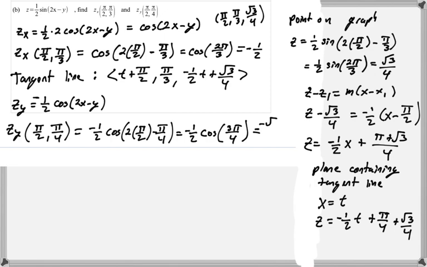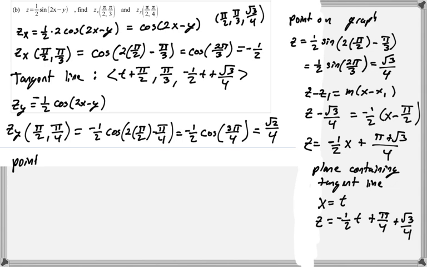Sorry, our point changed. So it's pi over 2 comma pi over 4. So we're going to have pi minus pi over 4, which will be 3 pi over 4 inside the cosine, and the cosine of 3 pi over 4 is negative root 2 over 2 times the negative 1/2 will make that a positive root 2 over 4. Okay, so let's make that correction here. So this should be a positive.